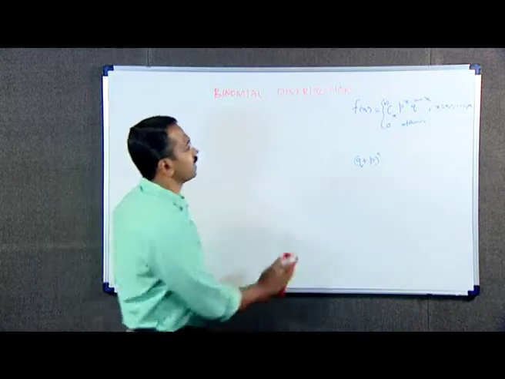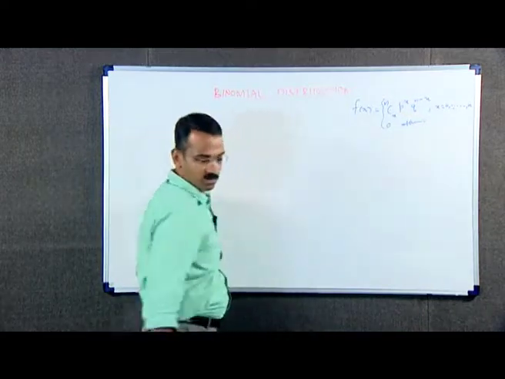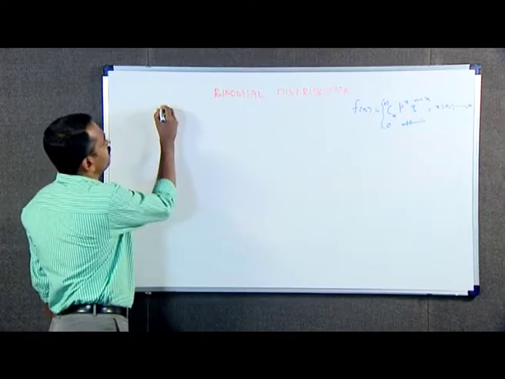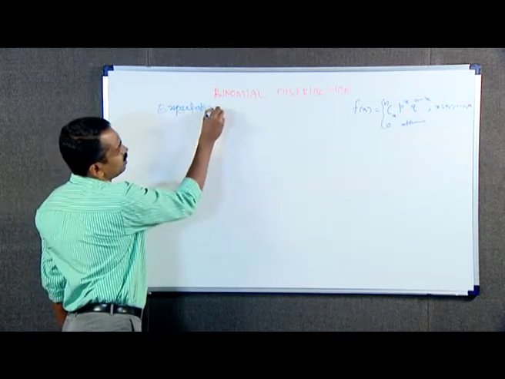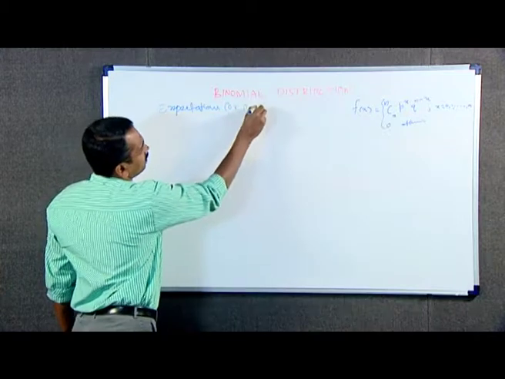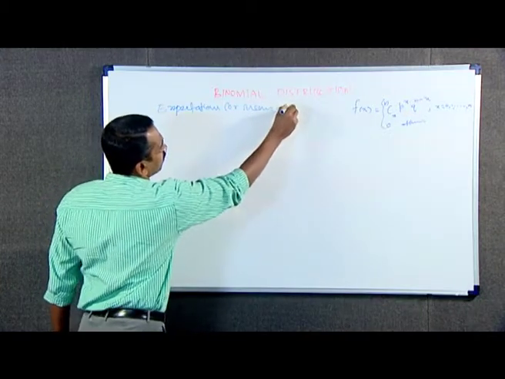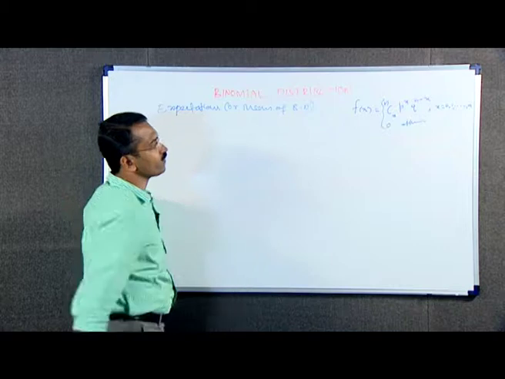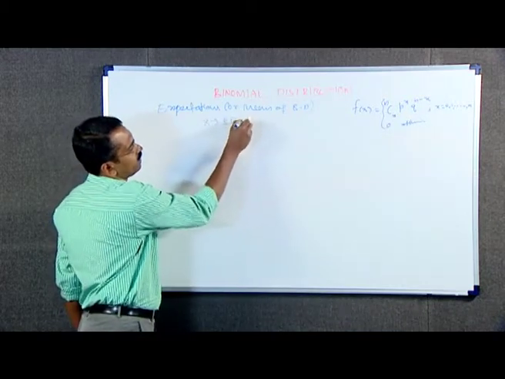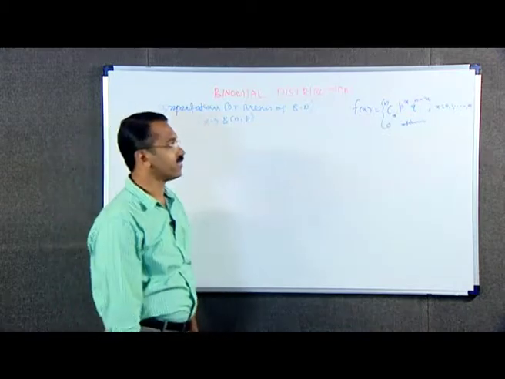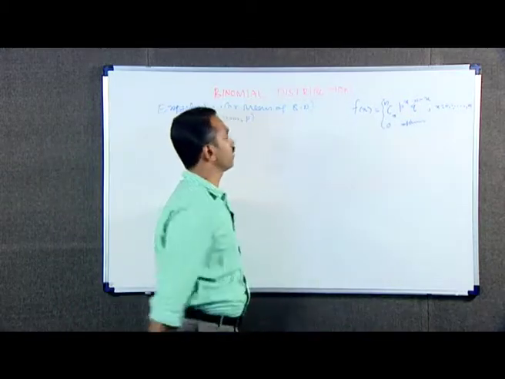Now, the expectation of binomial distribution is, by definition, expectation or mean of binomial distribution. Let x follow binomial distribution with parameters n and p, then f of x is equal to this.